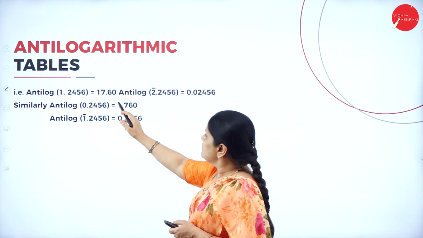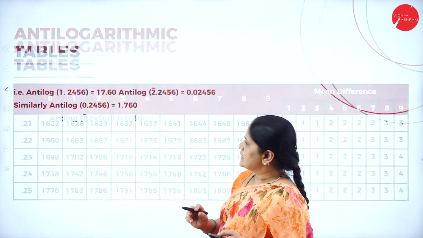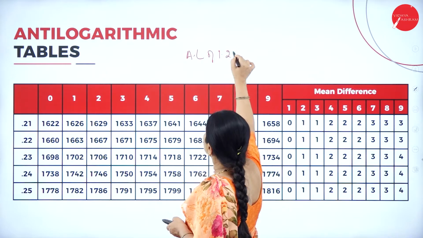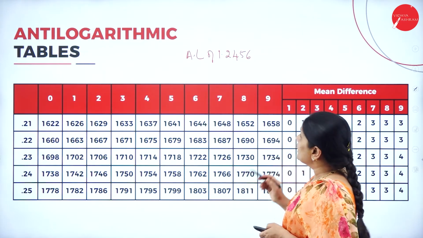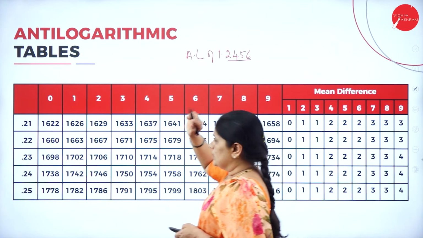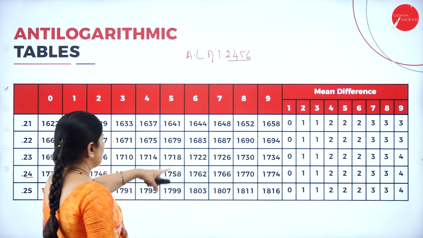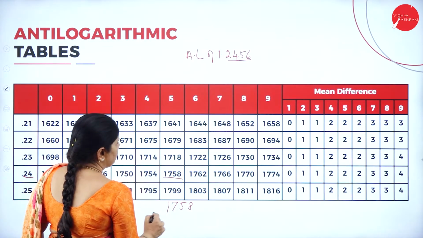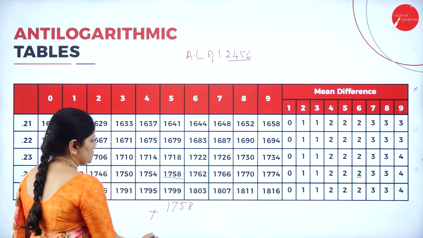Now, how do we find out the value of this? When we have to find the anti-log of 1.2456, I will take the values from 0.24. So, 0.24 is here, then 0.245. What is the fifth value tell us? 1758 plus 6, under the mean difference 2 we will see.